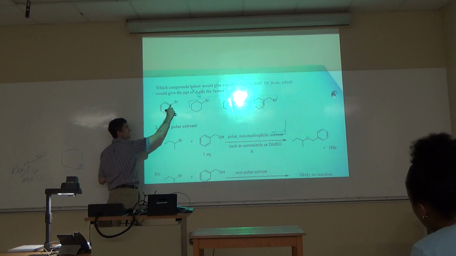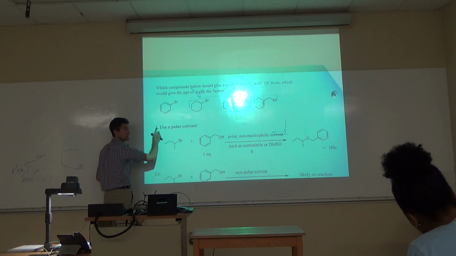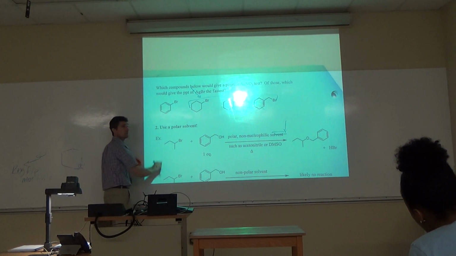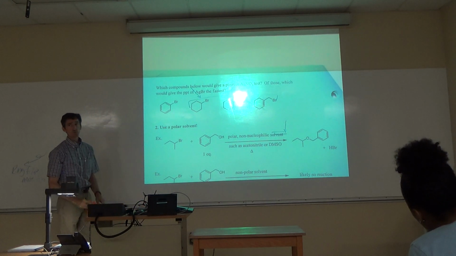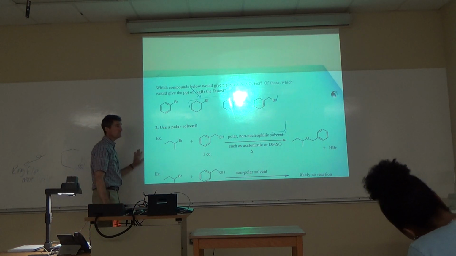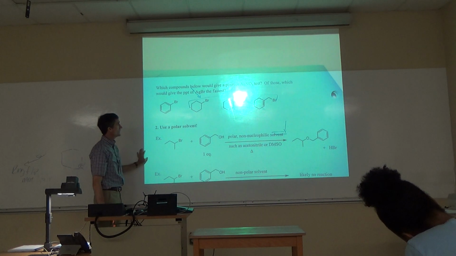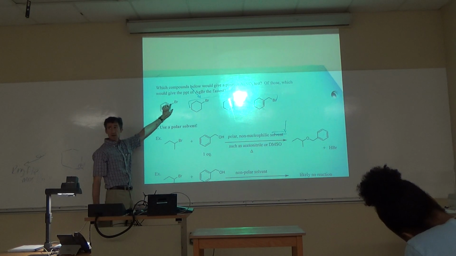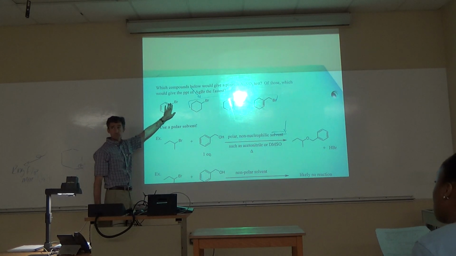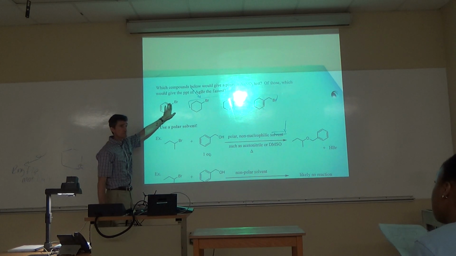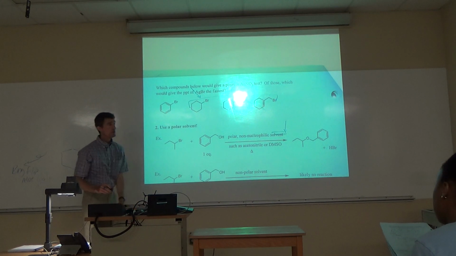Is this bromine going to leave? No. You're going to make a carbocation on that carbon? No, it's not a tetrahedral carbon. You can treat this with silver nitrate and you're not going to form any silver bromide. So you won't get a precipitate there. With the other three, you will.